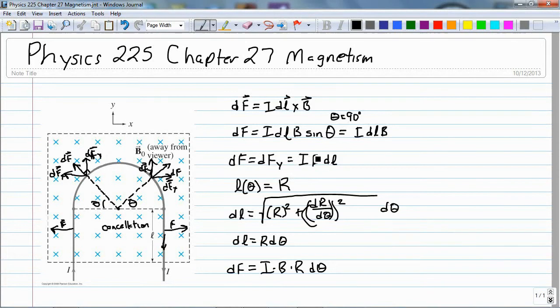And remember that because it's in the y direction, this is where I forgot to put, we have a sine up here, sine theta, because it's in the y direction. This sine is not from the cross product. It's from the y component.